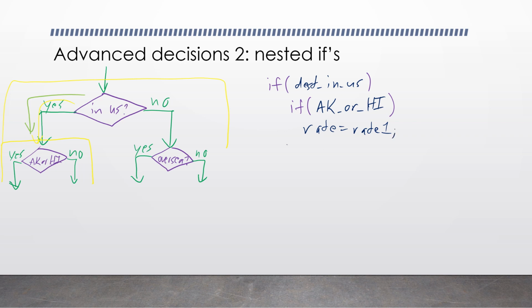okay. Else, now I have to check what is my else communicating with here. This else goes with this if Alaska or Hawaii. So what I'm saying else here is I'm in one of the other 48 states. So rate equals, so we'll say this rate is US high, and this rate is US low.